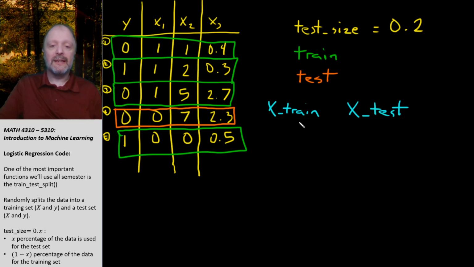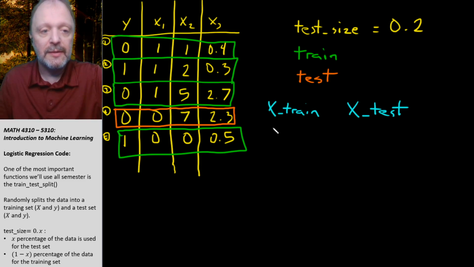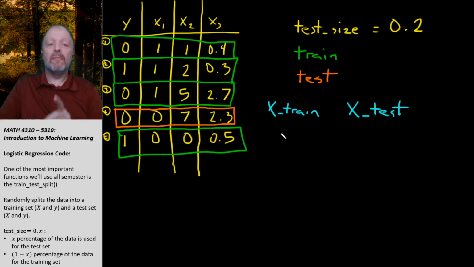So what will X train receive? Well, X train will receive example number 1, x1, x2, x3.